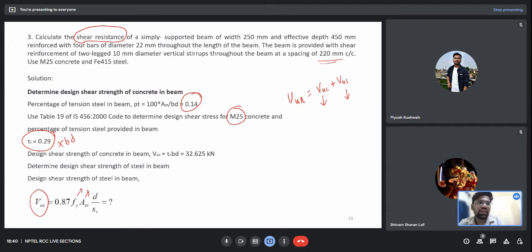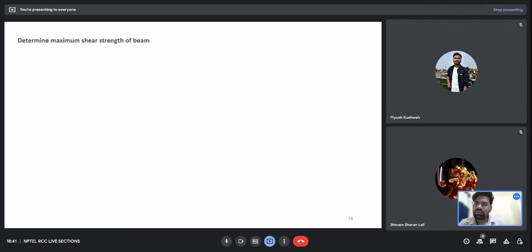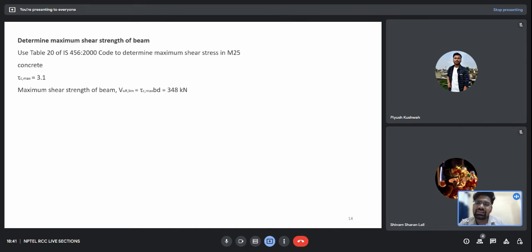They have given me two-leg 10 mm diameter vertical stirrups, so Asv will be two times the area of this bar. b I know, Sv also I know. So from here I will get Vus. I will put the values here and simply add them, and this is the maximum shear which can be resisted.